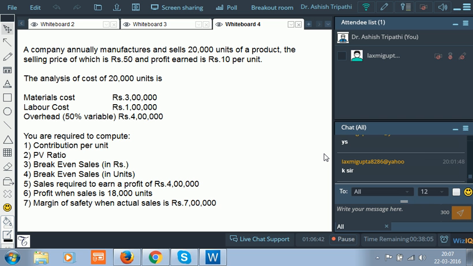This is the question which we have. Again, it's a very good question. Here almost we will have to apply all the formulas, because we'll have to calculate 7 different things.